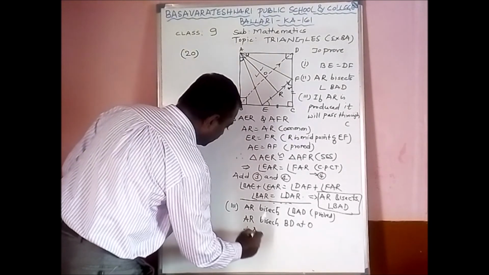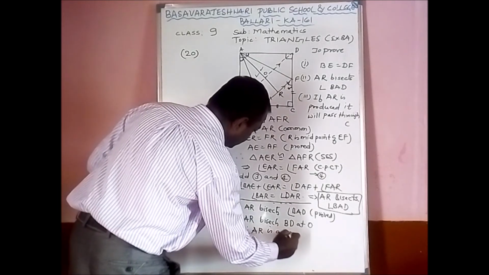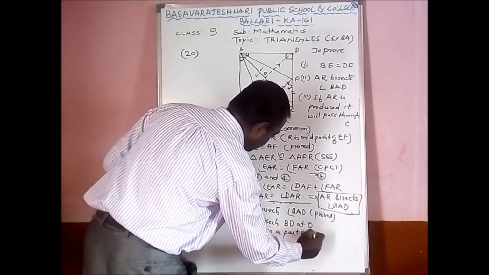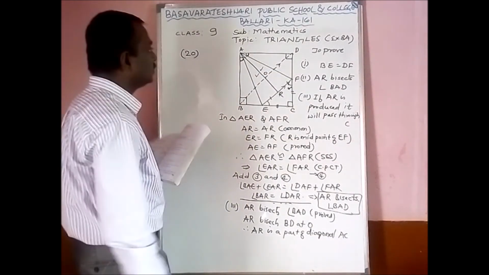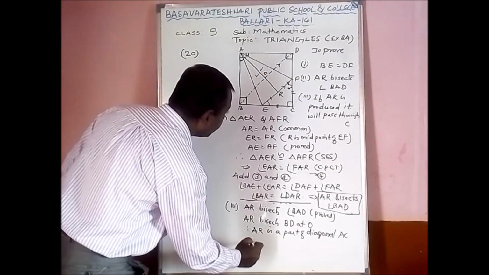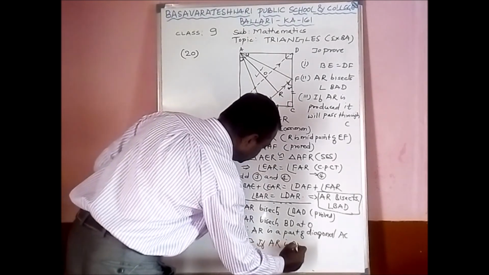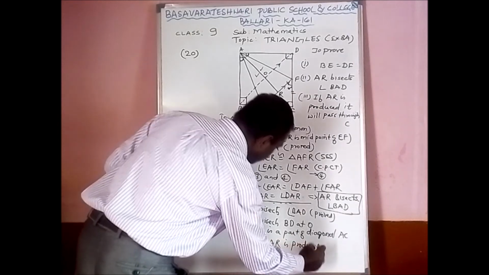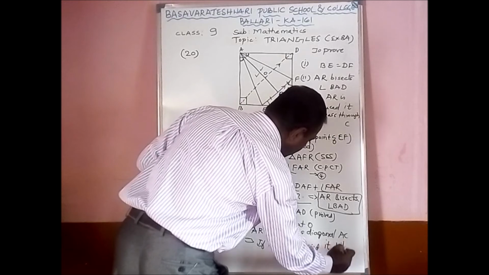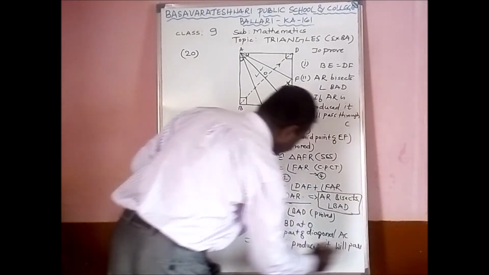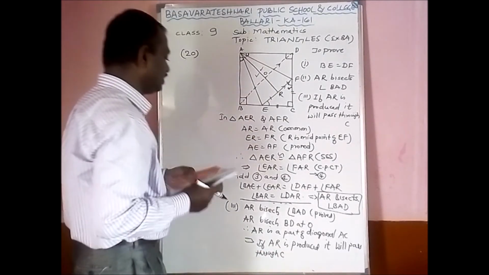Therefore, AR is a part of diagonal AC. So this implies if AR is produced, it will pass through C. For this reason we can say it is passing through C. What is the reason?